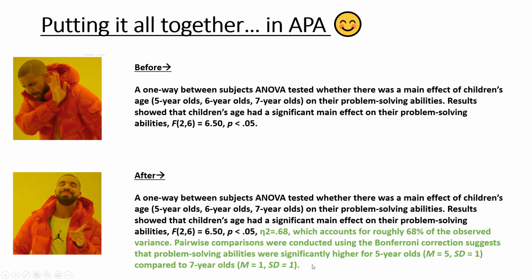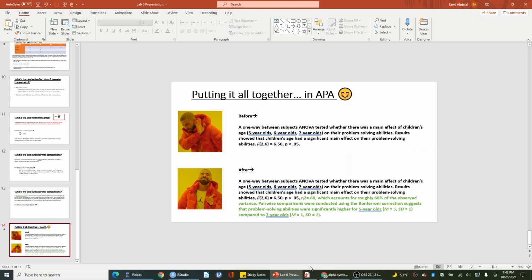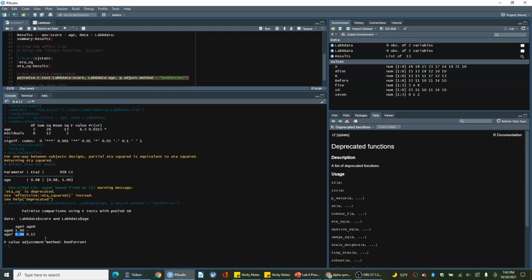For the purposes of this assignment, I only included where the significant difference was, and that was between 5-year-olds and 7-year-olds. But it's really good to let the reader know about the other results and what happened there. So as you can see here, it doesn't give you the means and standard deviations.